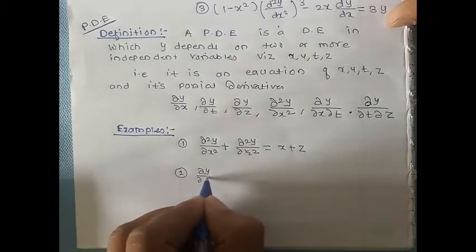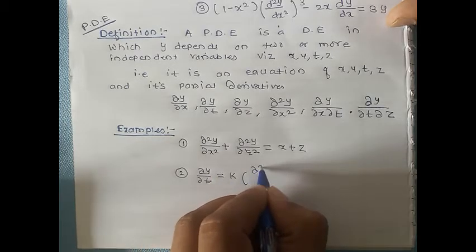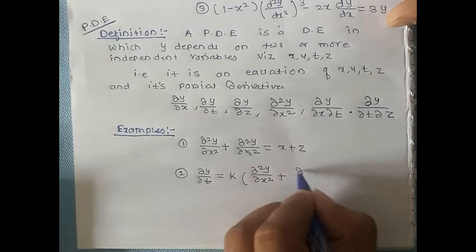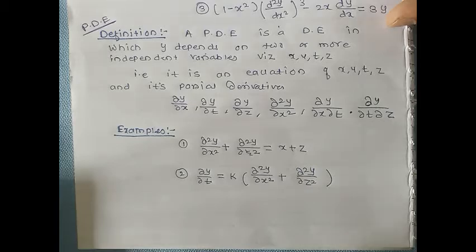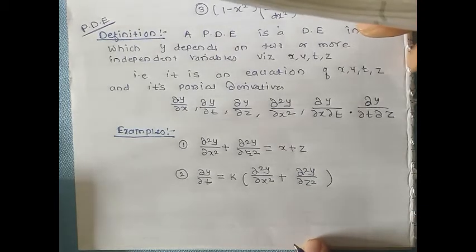Second, dou y by dou t is equal to k into dou 2y by dou x square plus dou 2y by dou z square. So these are some examples of the partial differential equation.